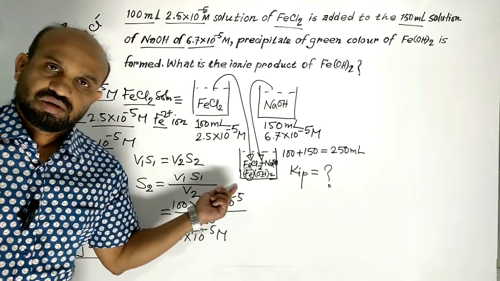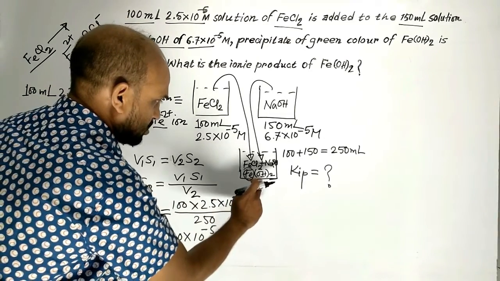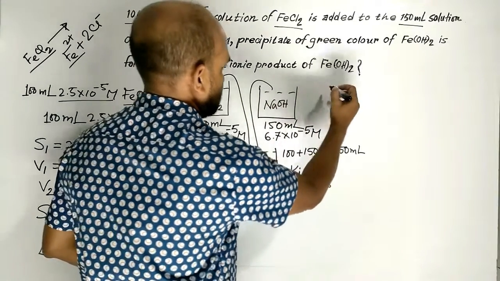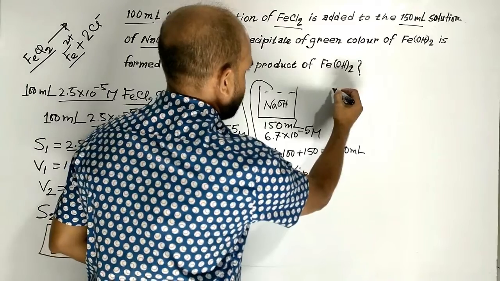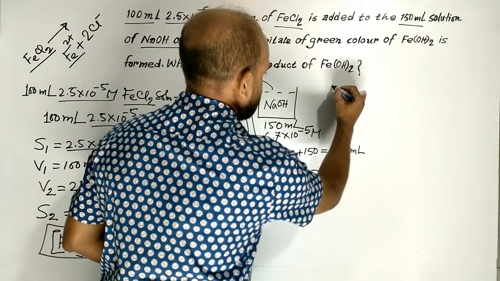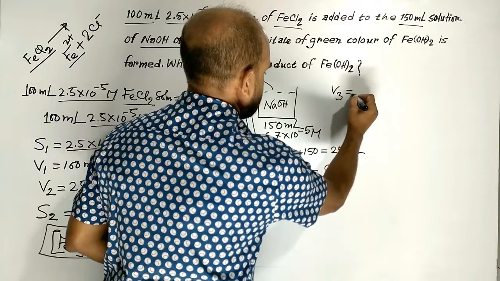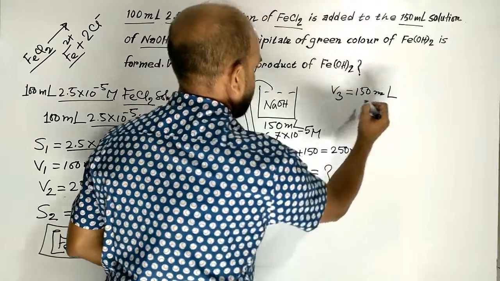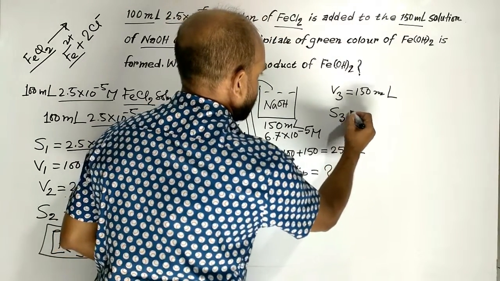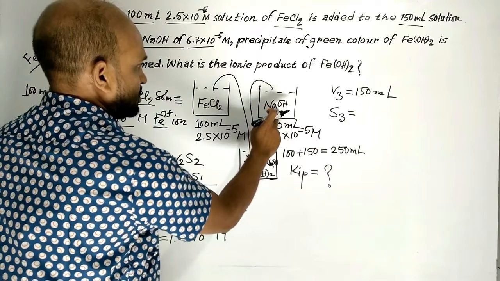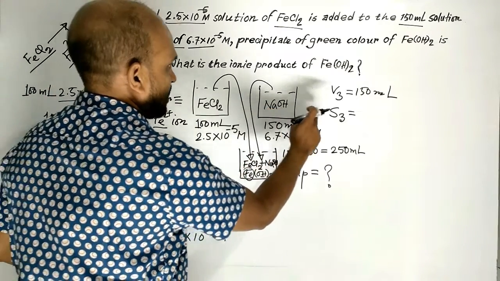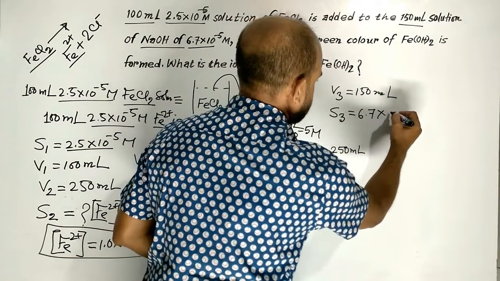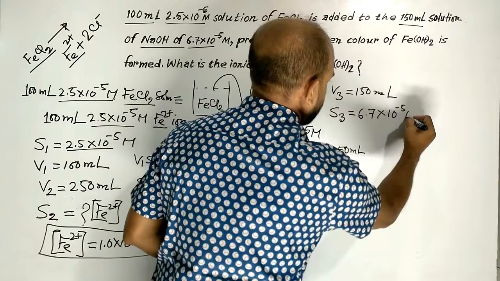We got it. Now let us find concentration of hydroxide ion in the mixture. So before mixing, suppose volume of sodium hydroxide is V3, then V3 is 150 milliliter, and S3, the concentration of sodium hydroxide, is 6.7 times 10 to the power minus 5 molar.